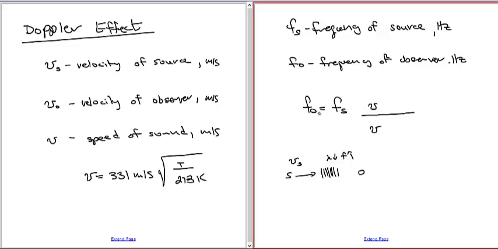So to get a higher observed frequency than the source frequency, we're going to have to add the velocity of the source to the speed of sound to make this fraction greater than 1. So V sub s is positive approaching observer.